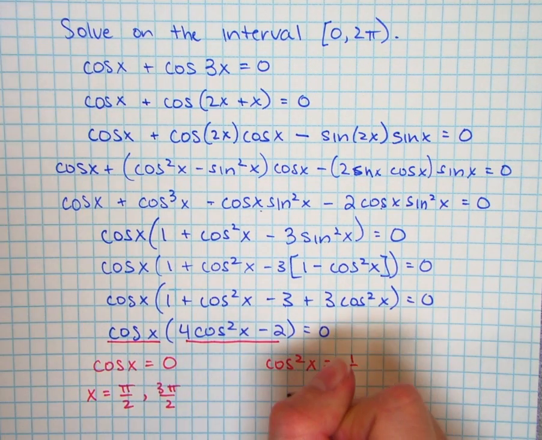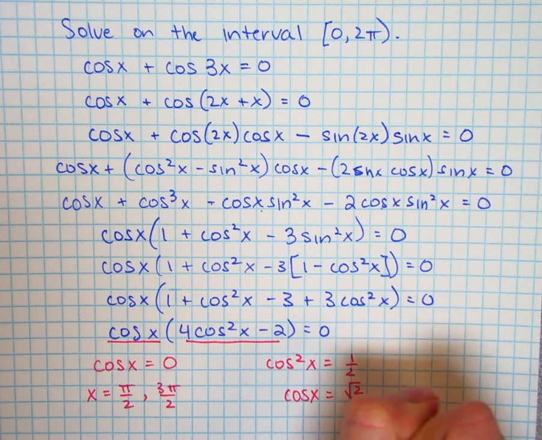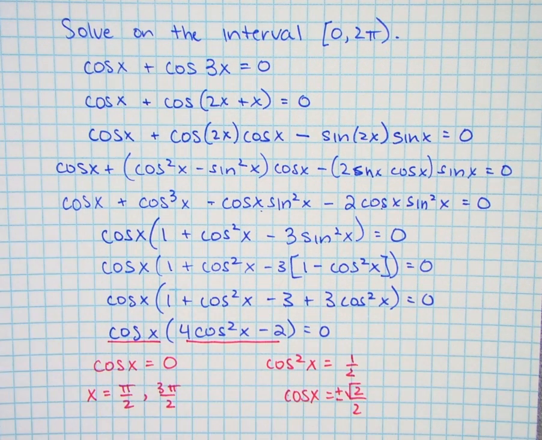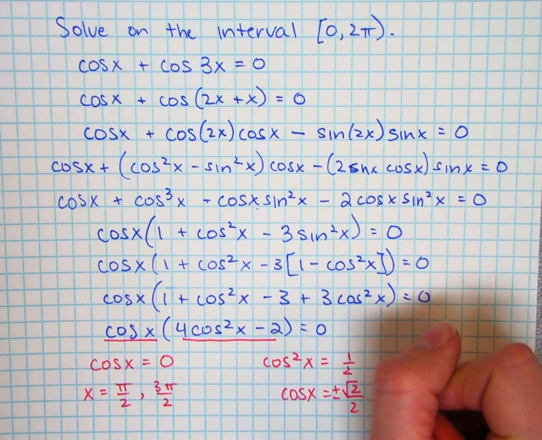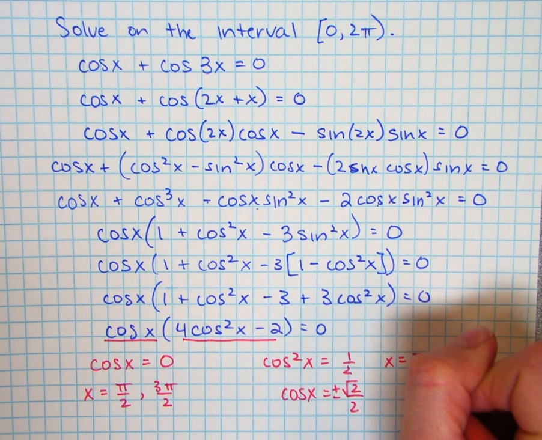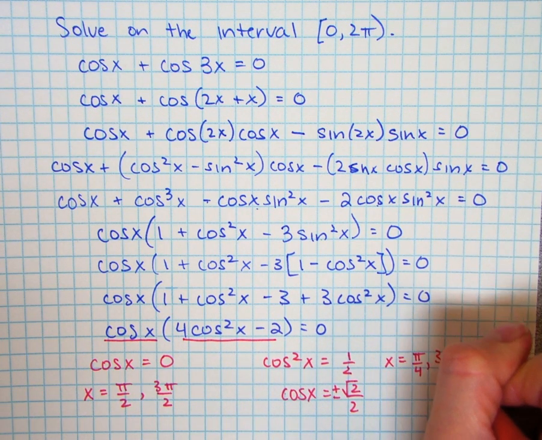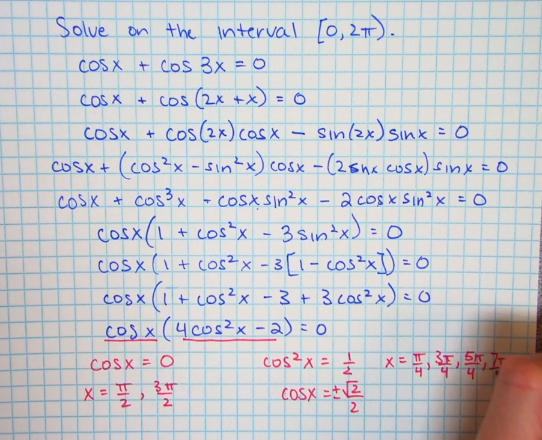That means that cosine of x is equal to plus or minus root 2 over 2, which means my x is going to be equal to pi over 4, 3 pi over 4, 5 pi over 4, or 7 pi over 4.